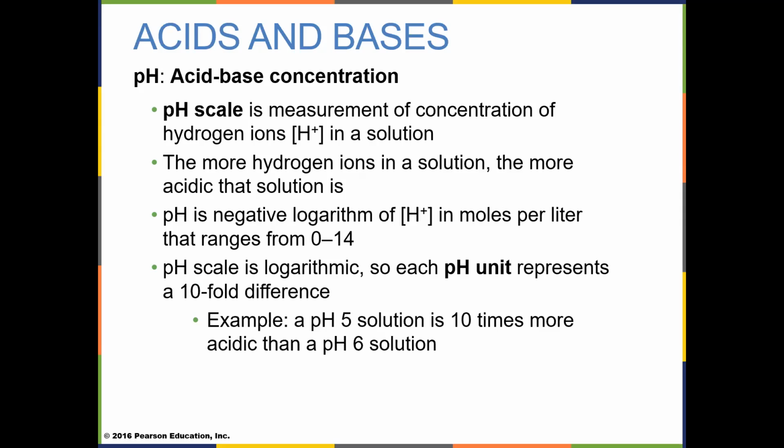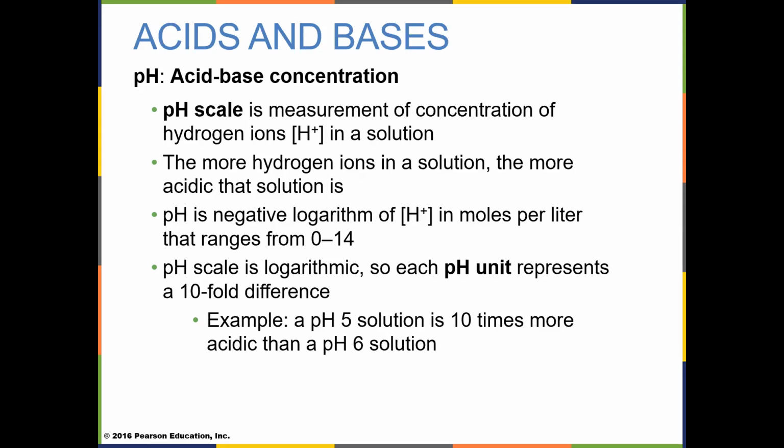Now, what does that mean? Because I will tell you, in all the years of teaching A&P, I've never had anybody run up to me and say, quick, what does pH mean? What you need to know on the pH scale is it ranges from 0 to 14. It measures acidity.